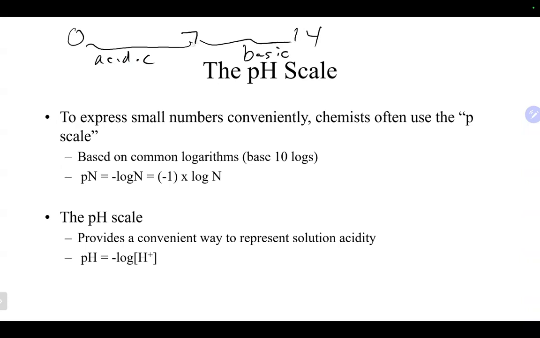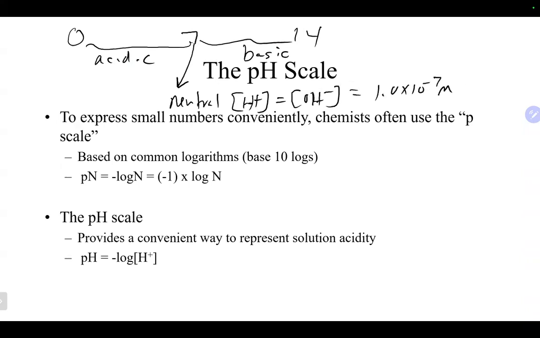And technically speaking, dead on 7 there is neutral. That is because that would be the point where the H plus concentration would equal the OH minus concentration. They both would have a value of 1 times 10 to the minus 7 molar, which would give you a pH of 7. 7 is sort of your center point.